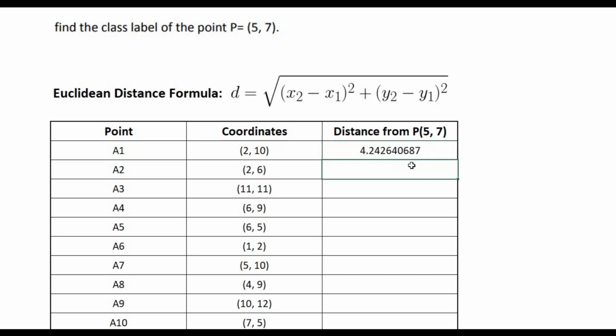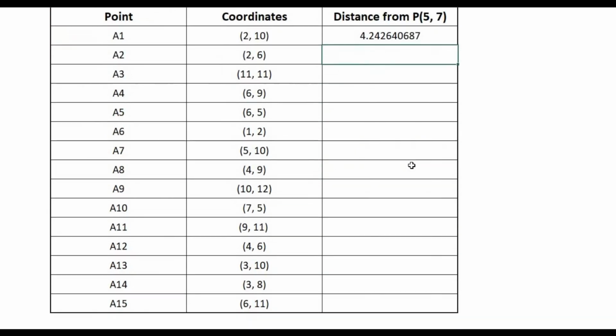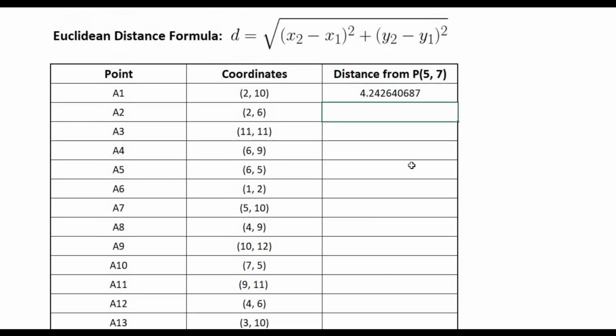So the Euclidean distance of the first data point 2, 10 is 4.242. It has 6 to 7 digits after the decimal, but you can take only 3 digits. Up to 3 digits is fine. So we have to calculate all 14 more data points.